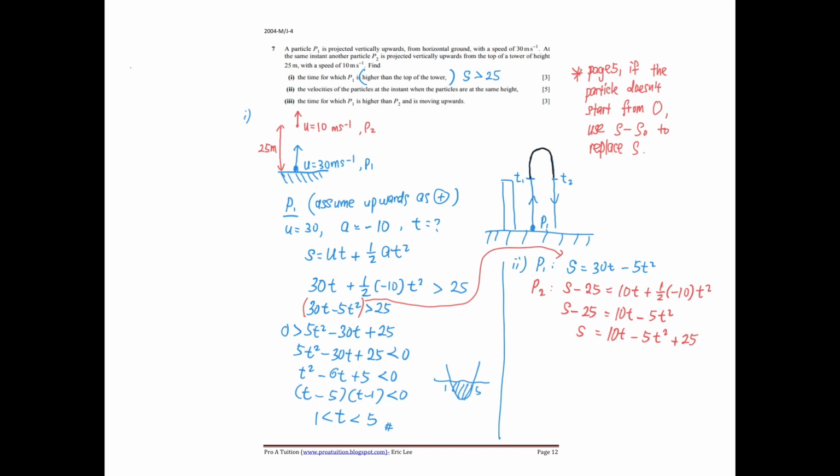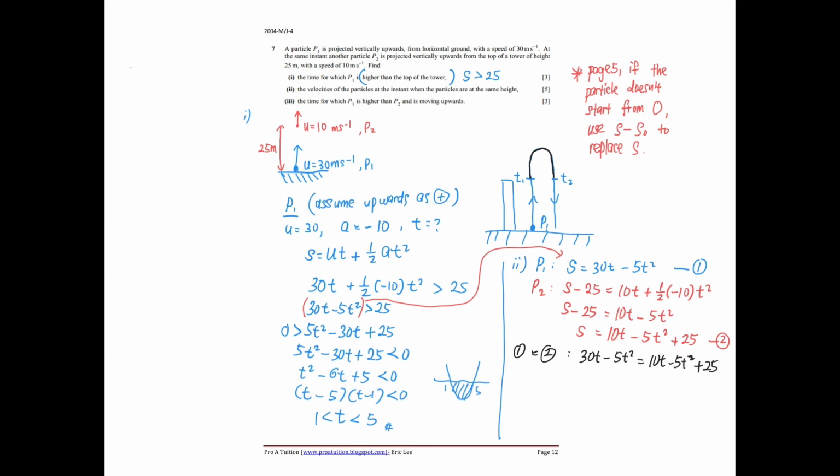Now, you see the question again. The question said the particles are at the same height. That means they have the same displacement. So I have to equate 1 and 2. I take 1 equal to 2. So I will have 30T minus 5T squared equal to 10T minus 5T squared plus 25.